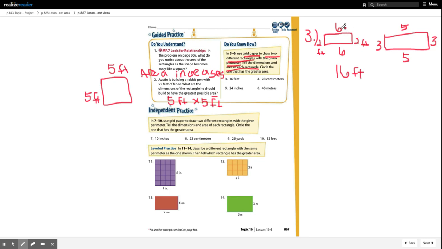So let's multiply 6 times 2, and that's going to give us 12. And if we multiply 5 times 3, that's going to give us 15. So out of these 2 rectangles, which one has the greater area? If you thought 15 feet, you're right.